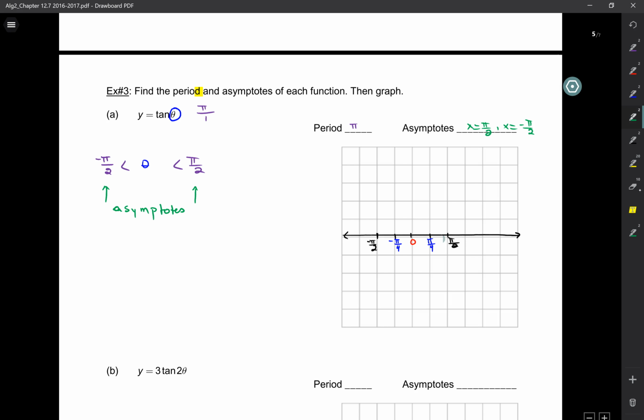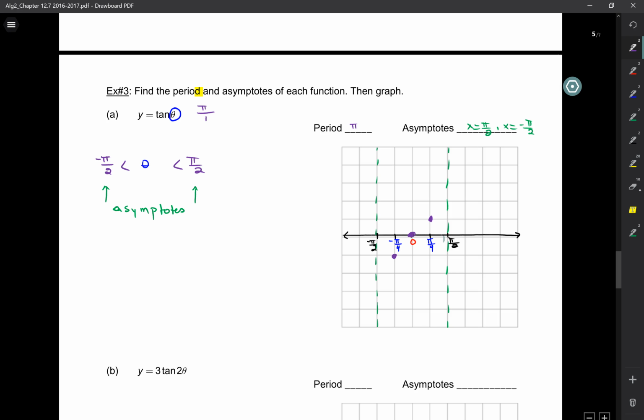Now, at the start and the end, what we have are asymptotes. Okay, now here's the deal. At 0, tangent is 0. On the right, at pi over 4, you go up 1. On the left, at negative pi over 4, you go down 1.